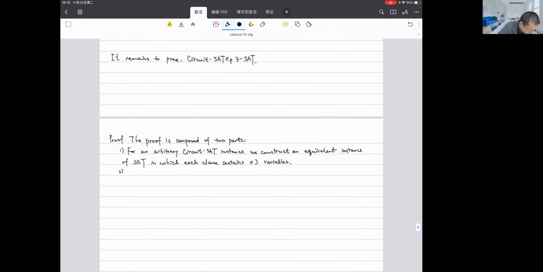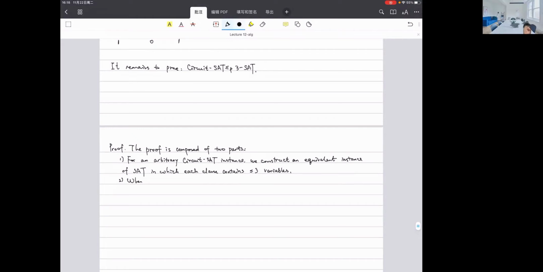And for the second part, after doing that, we then convert this SAT instance to an equivalent one where each clause has exactly three variables.